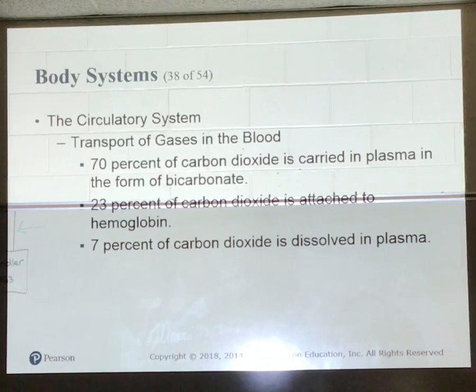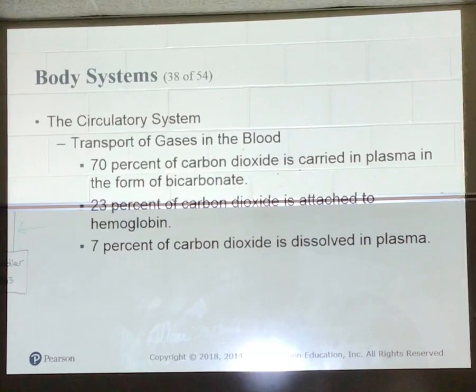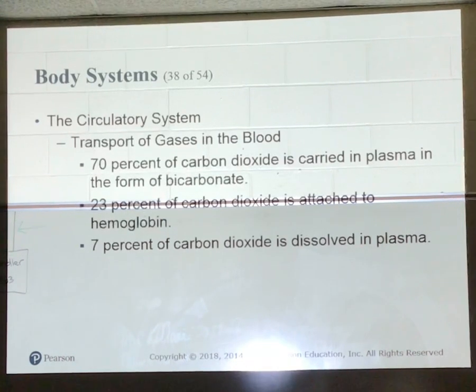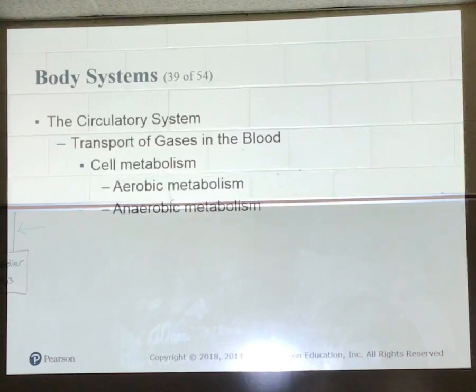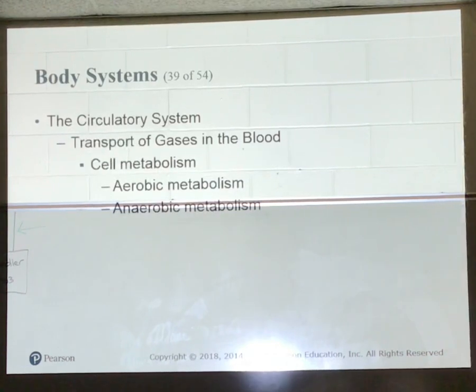Once the blood reaches the lungs, the hemoglobin carbon dioxide bond is broken and the carbon dioxide enters the alveoli and is exhaled from the lungs. Only 7% of carbon dioxide carried in the blood is actually dissolved in plasma. Okay? So there has to be a chemical reaction for us to get the carbon dioxide out where it needs to go.